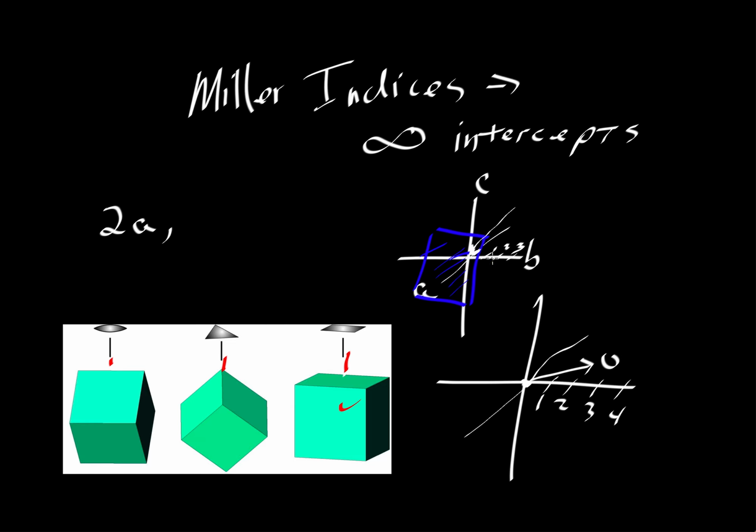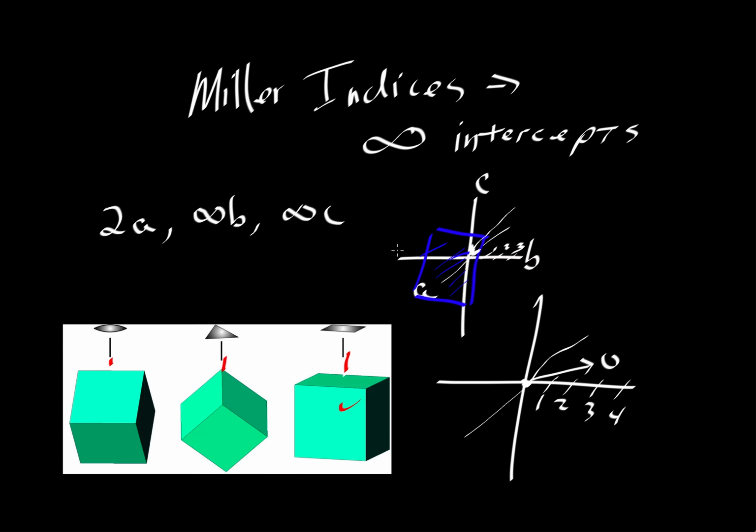Well, this blue face is not hitting 0 for any of the axes. So if it never intersects B, then one way of thinking about the intercept would be to just say that it hits it at infinity. So we'll call it infinity B and then infinity C.